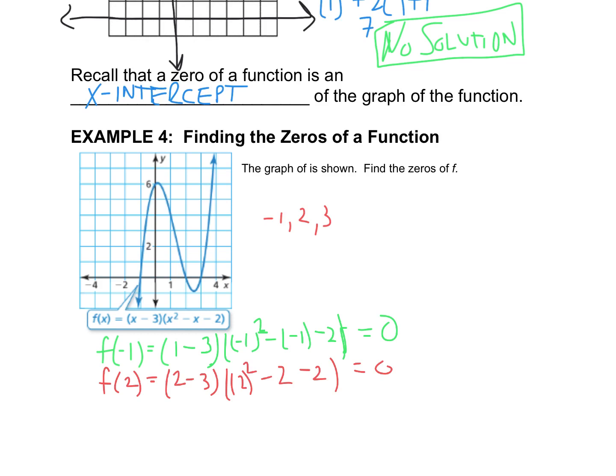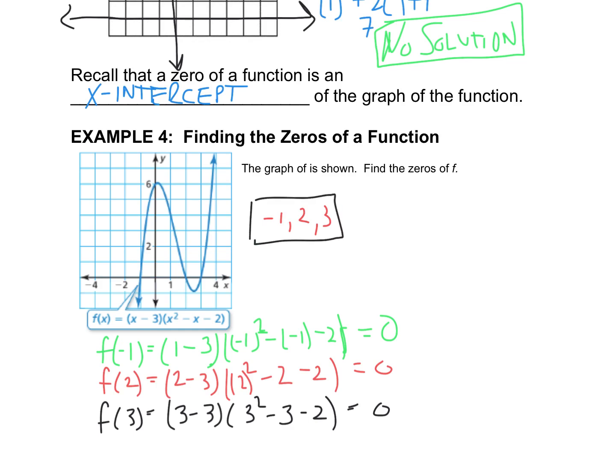And then lastly, when f is 3, I would have 3 minus 3, and then I would have 3 squared minus 3 minus 2. And again, in the first grouping this time, 3 minus 3 is 0, so it doesn't matter what the second grouping is, the whole thing with the zero product property makes that one 0. So that verifies when those numbers go in, the zeros of the function will be coming out after the y values. So there would be my answers, or the zeros to this function.